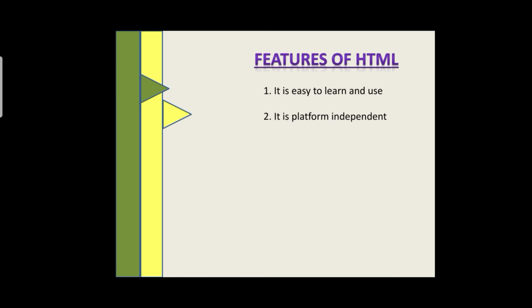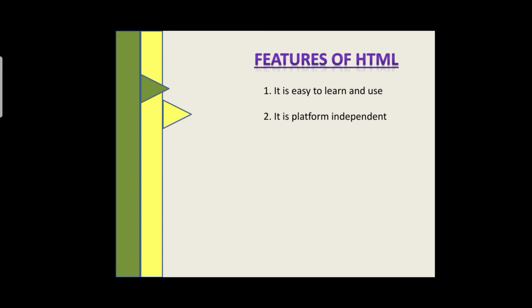Platform independent means you do not have to download any specific softwares to use HTML. Just you need to have any text editor like Notepad, WordPad, any text editor, or there are so many text editor, any of the text editor you will need, and a browser to display, because we will be creating a web page, and web page we can only see in a browser, isn't it?